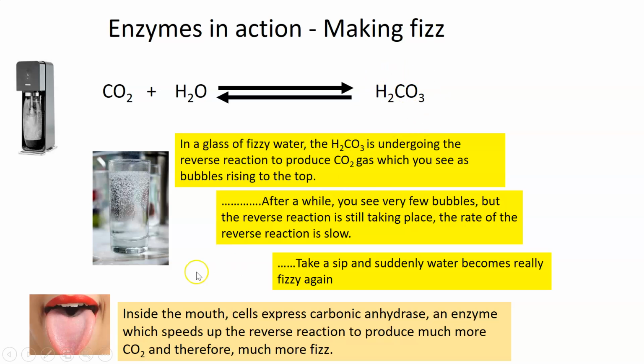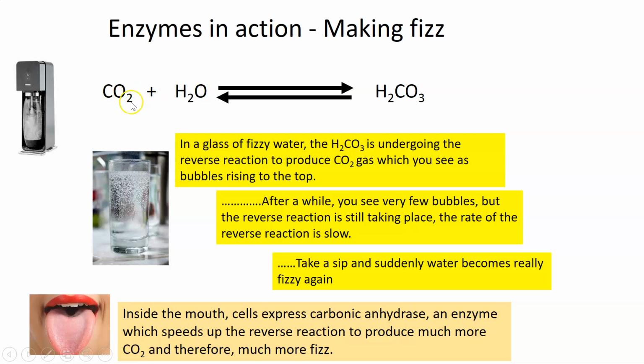But another reason why you create so much fizz is that your mouth, obviously made up of cells, expresses this particular enzyme, carbonic anhydrase. Again, it's an enzyme which we've talked about before. It's important on red blood cells. It's an enzyme which essentially speeds up this process.